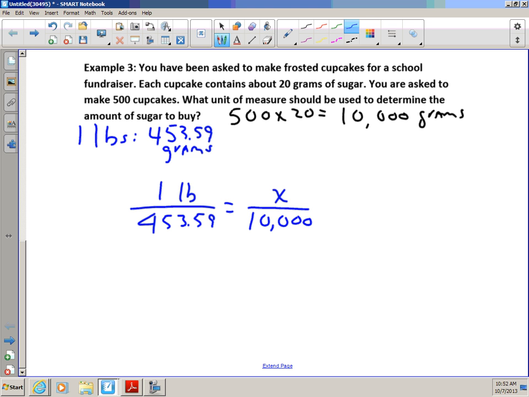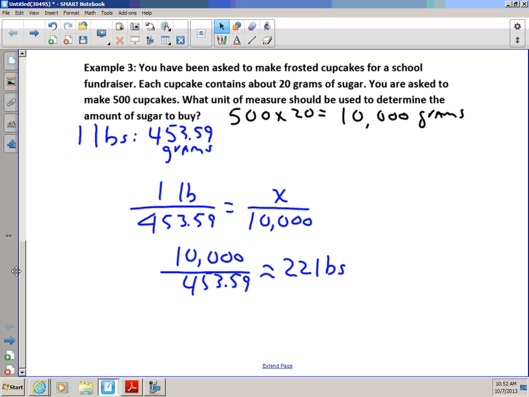And when you do your cross multiplying, what you end up doing at the end of the day is dividing your 10,000 by 453. Because there's more grams than there are pounds, so for 10,000, my number should be smaller. I'm going to divide, and I'm going to get approximately 22 pounds. Definitely a much more reasonable number to work with.